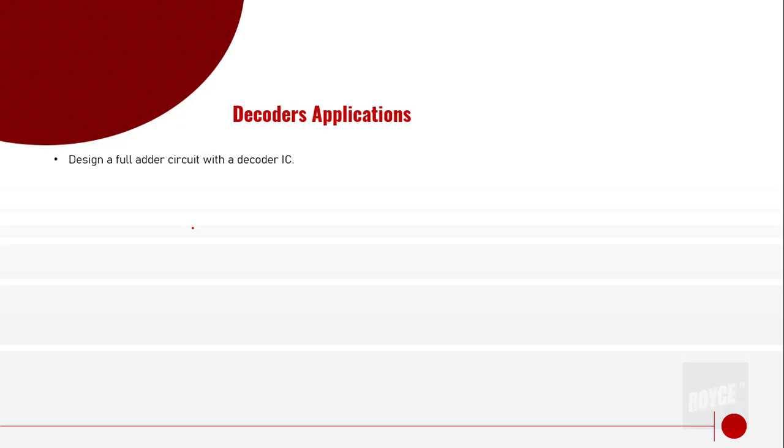So, isa pa. How about naman ito? Pwede pala, no? We're gonna use a decoder IC to implement a full adder circuit. So, naaalala niyo pa ba ito, yung full adder? Hindi na. So, full adder is an adder that generates sum and carry output as well as yung input niya has carry over.